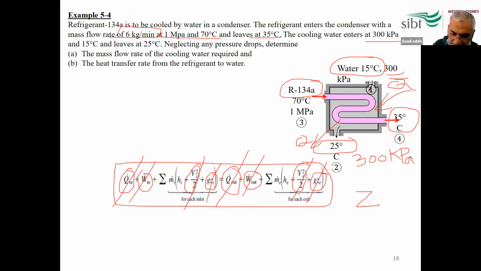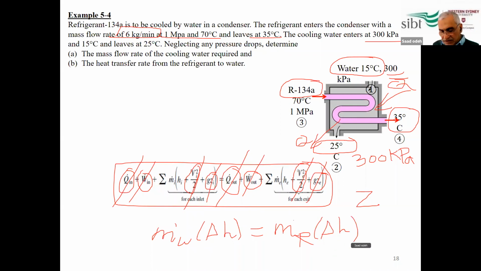So we can say m_w delta H_w will equal m_R delta H_R. I'll put R for refrigerant. It means the change in enthalpy of the refrigerant equals the change in enthalpy of the water multiplied by the mass flow rate of the water. This is what we have from the equation, correct?